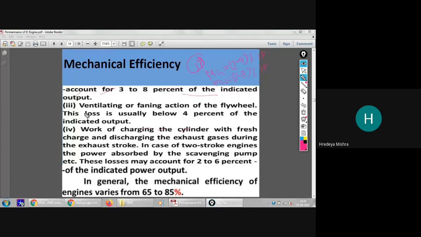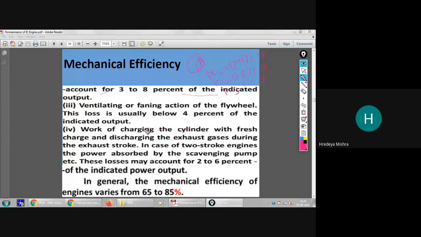Now third, what is third? Ventilating or fanning action of the flywheel. This loss is usually below 4%, so we can say this is 3% of IP. ML3.